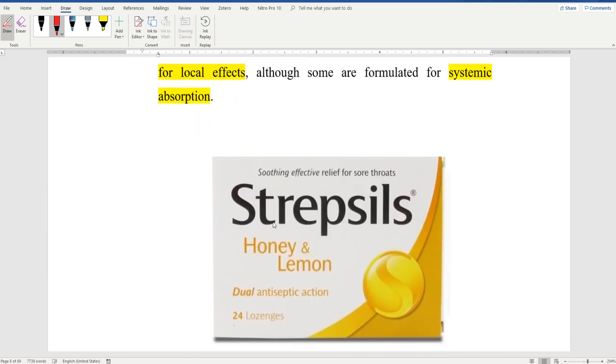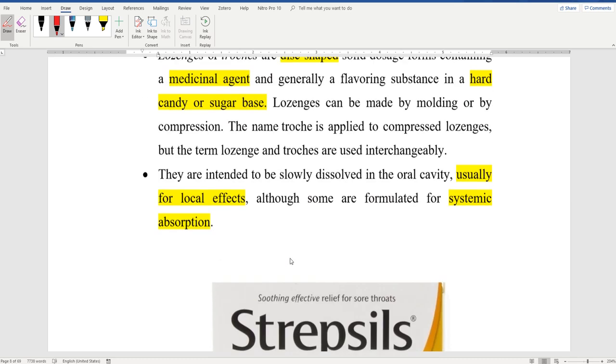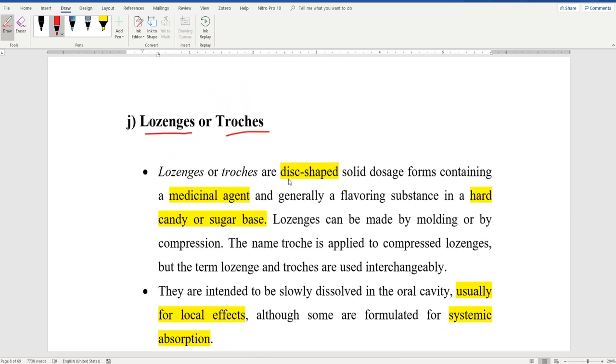It's like this one, strepsils, which are available in supermarket, in pharmacies, etc. They are disc shaped, يعني circular, usually large, they contain the medicinal agent in a flavoring and sweetening base. يعني بيكون في flavor مع sugar base, candy or sugar base.